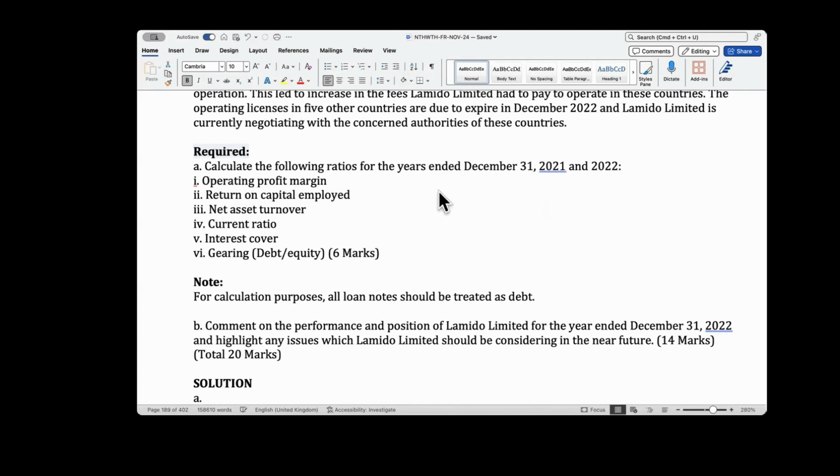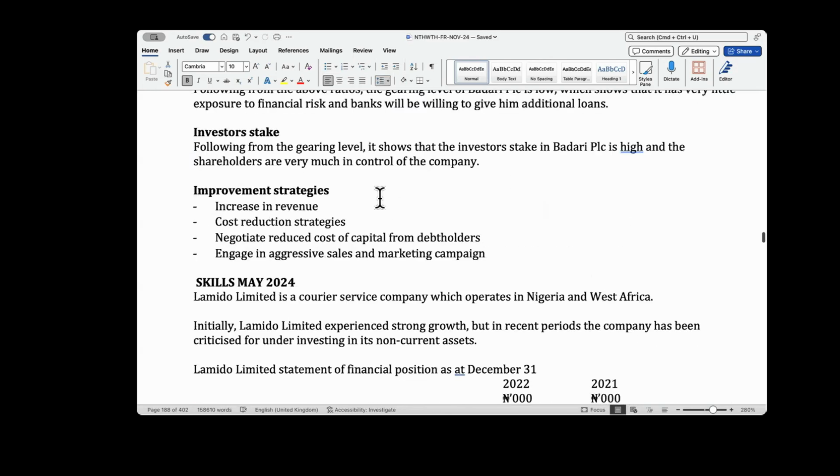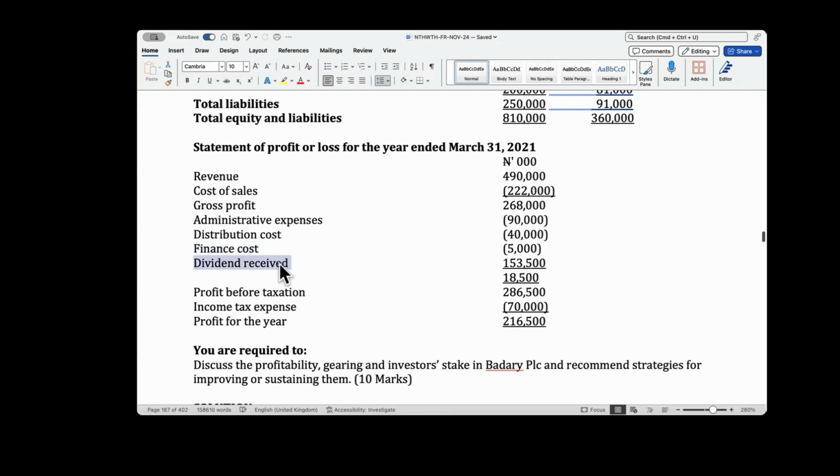You said, why did we deduct dividend received to get PBIT? Yeah, that's the template, right? So at this point, if I cut off from this point, whatever we get is PBIT. After you have gotten PBIT, then you deduct finance costs, then add your finance income. This dividend received is finance income. So I just walked back.